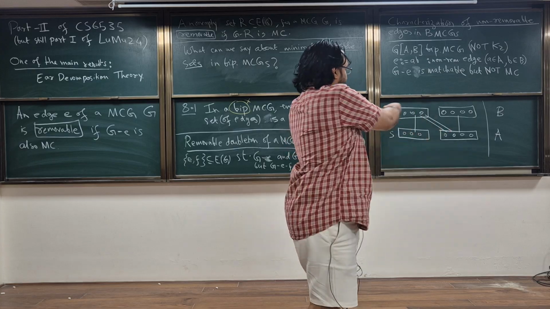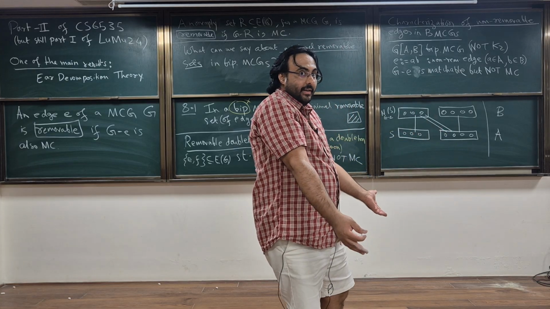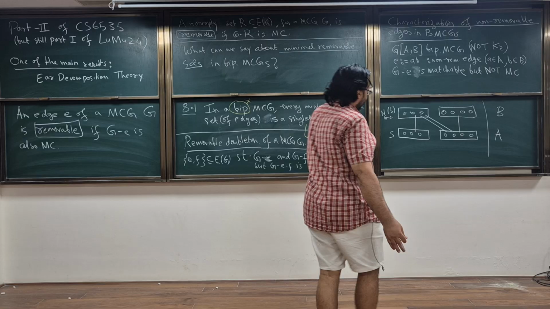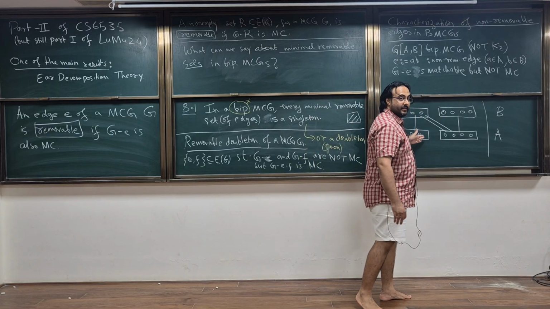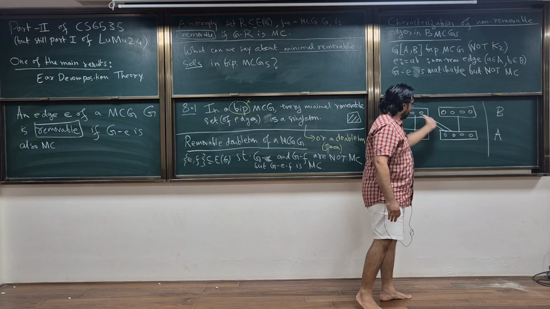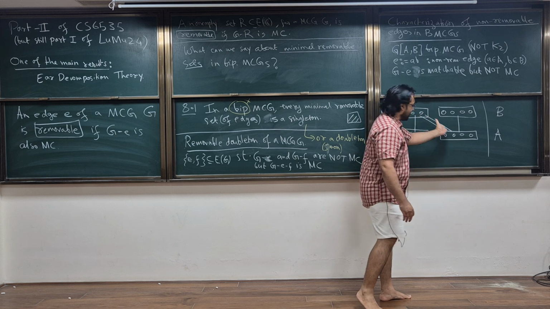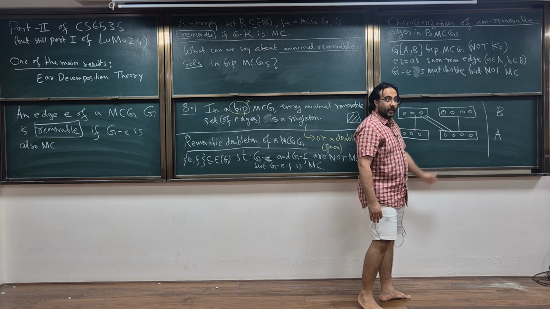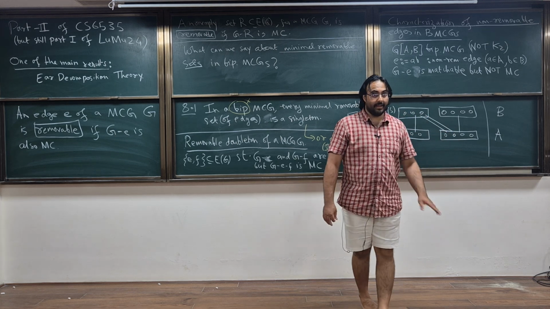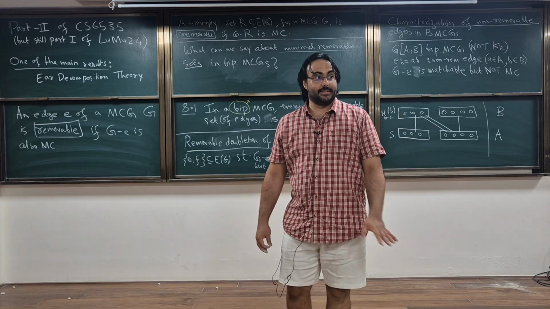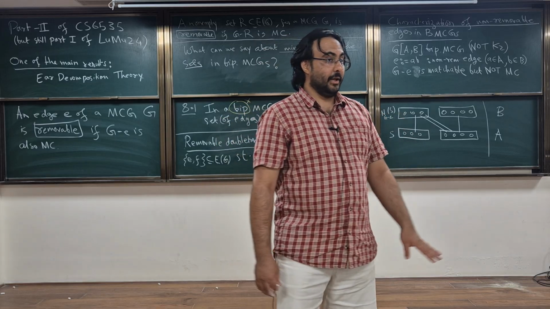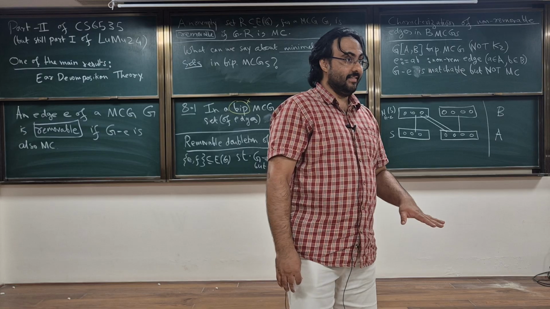Well, if you include E, then the graph is matching covered. For that, E must go like this, because otherwise these edges will not be in any perfect matching. And there should be some edges like this, because matching covered includes connected. Never forget that. When dealing with removable edges, keep in mind, you need the graph to be connected.